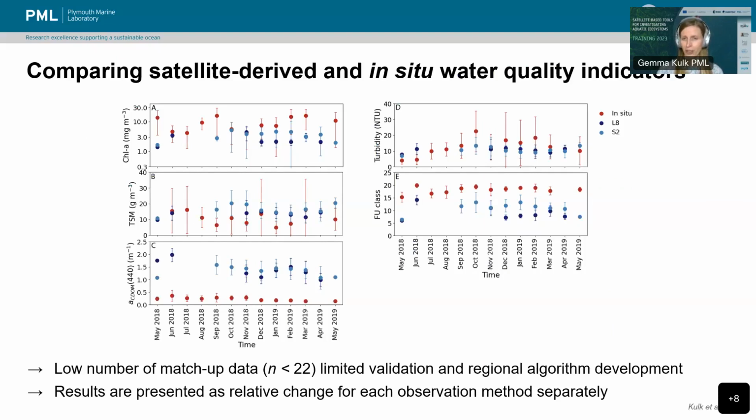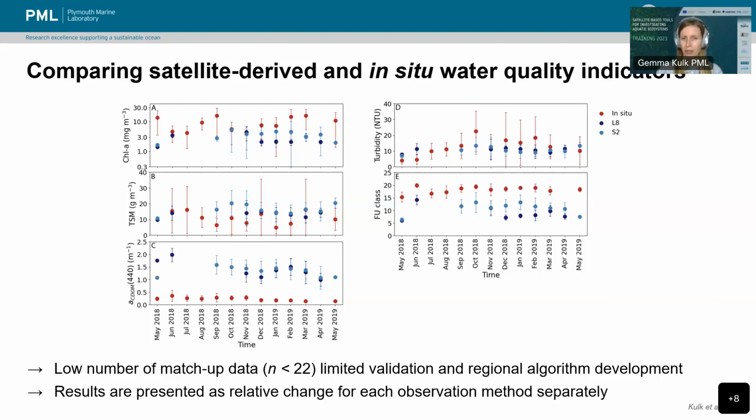The spatial temporal matching of the in situ sampling days with satellite overpasses was low, with about 22 data points for Sentinel-2 and 8 data points for Landsat 8. So we consider this too low a number of match-up data points for a validation exercise at the time.